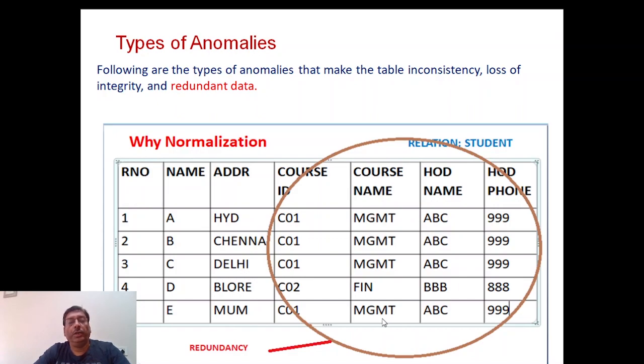In short, whenever I enter the details of a student, along with the student details in this particular table, I am also supposed to enter the course details and the HOD details, which is not required at this point of time. So there is a lot of redundancy and duplicacy of data in this table, and that is the problem we face whenever we insert data in a table.